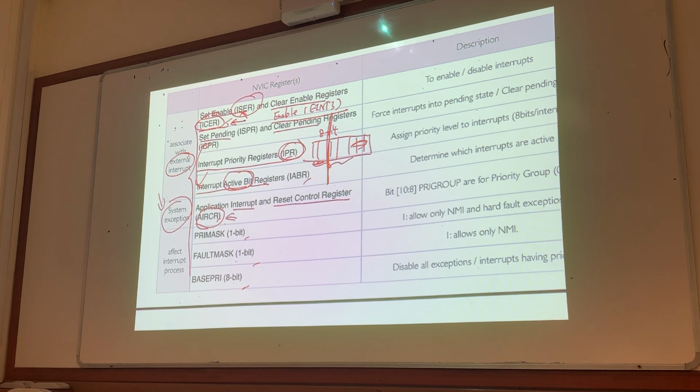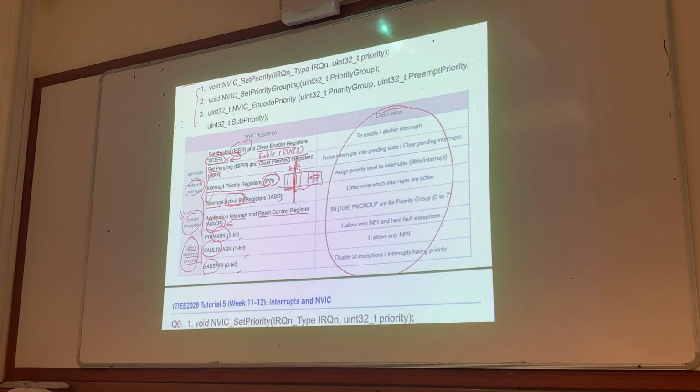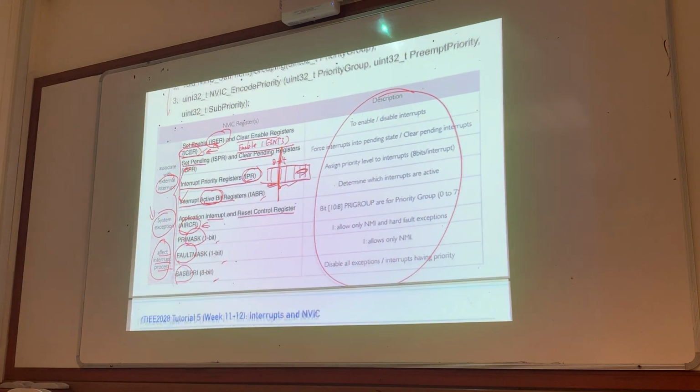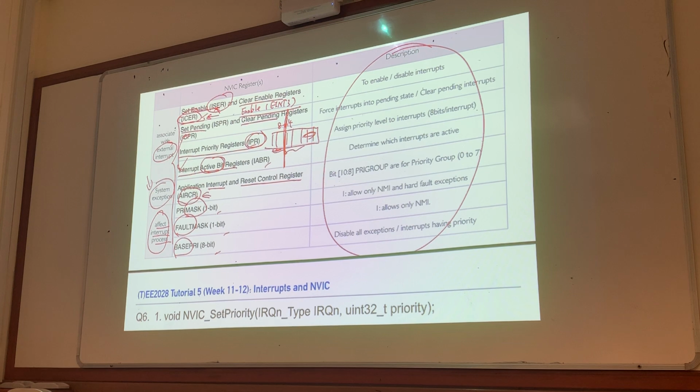This is mainly for the system exception. And then you also have some other registers that can affect your interrupt process. For example, you can have mask, you can have fault, you can have base. So the idea is here, but I think in the lecture it doesn't mention this. I mean, this won't be tested, right? I don't know. But one important thing here I want to highlight.